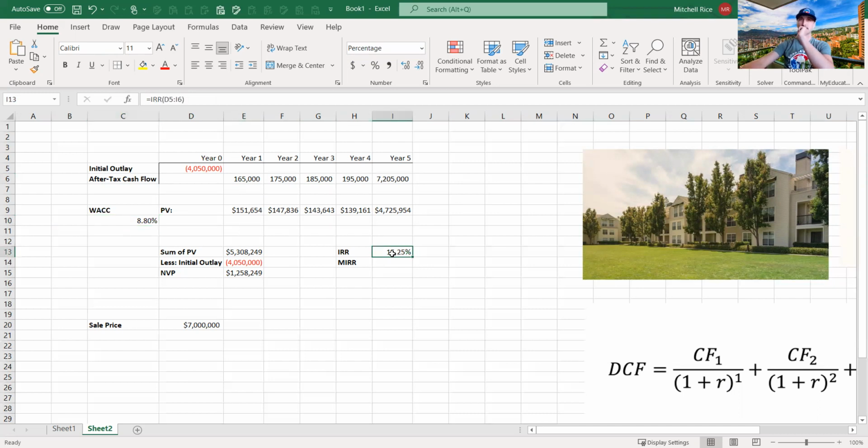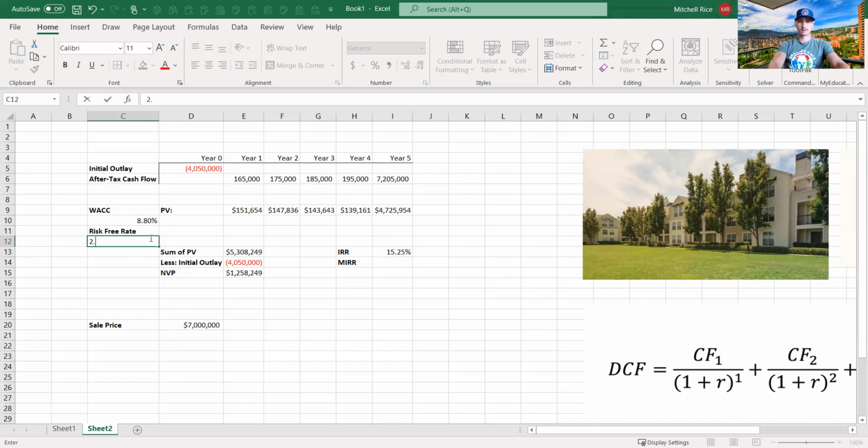So naturally, this is going to be a little bit higher than your true IRR. MIRR is a better calculation because it reinvests these cash flows at a risk-free rate, which I mentioned earlier. So I think it's just a way to be a little bit more conservative with the reinvestment of these cash flows. Because like I said, maybe that treasury note is just 2%.